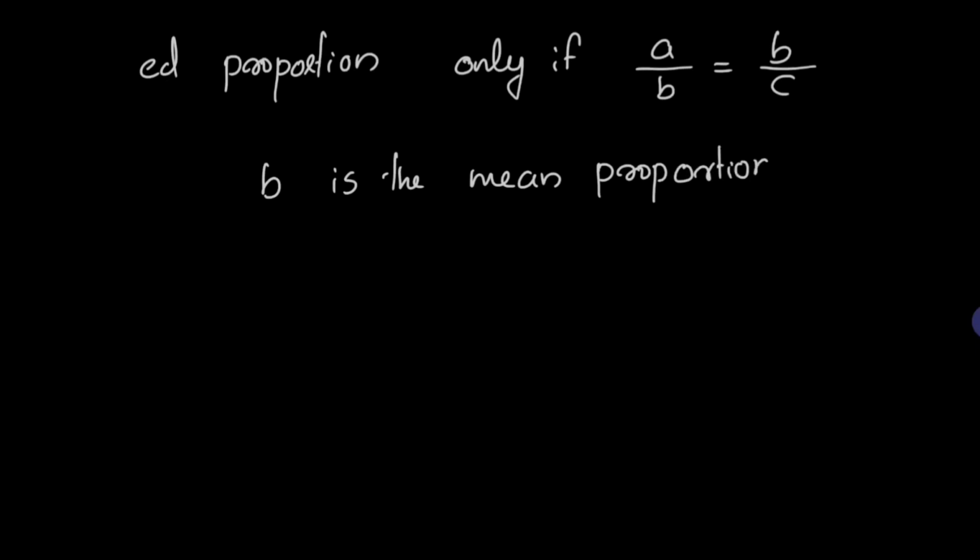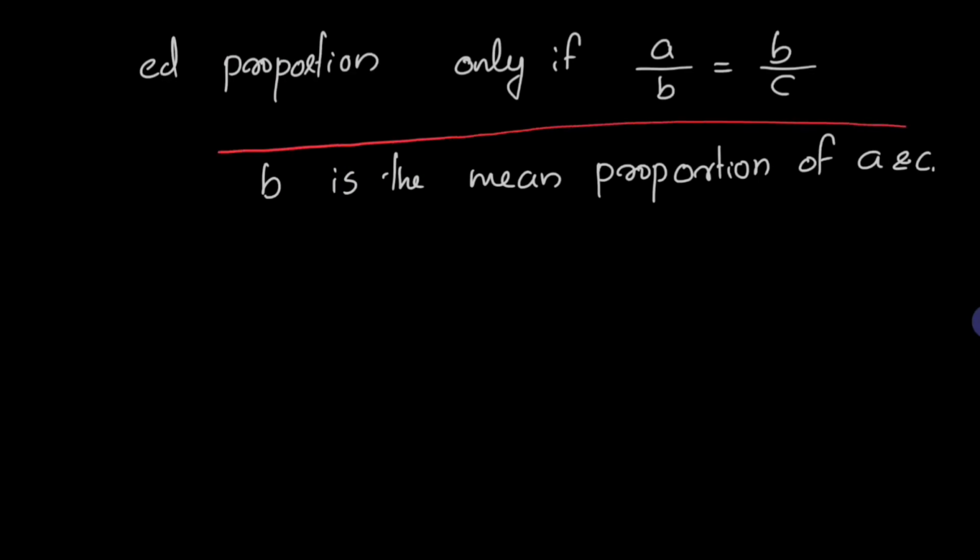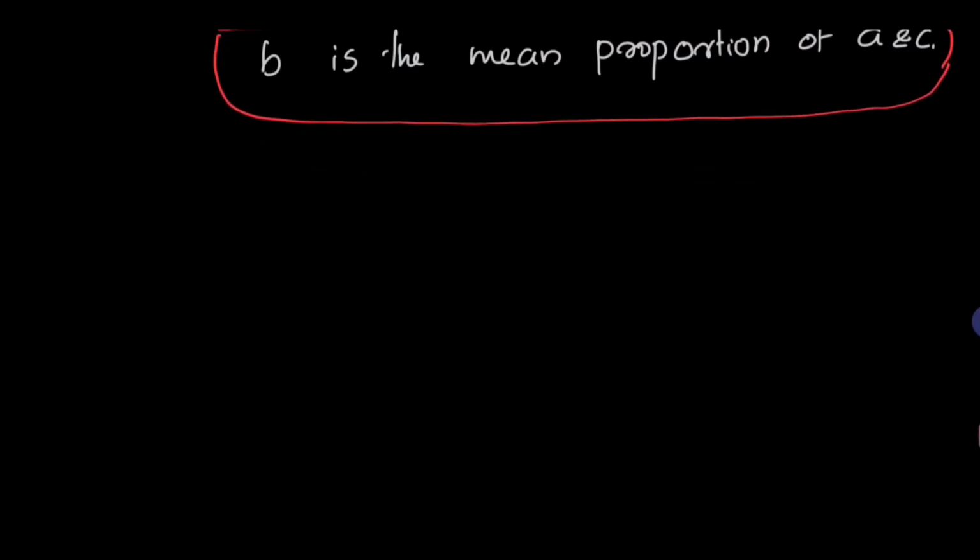Why? How can we consider B as the mean of A and C? That is explained in the topic below. How can we prove this?